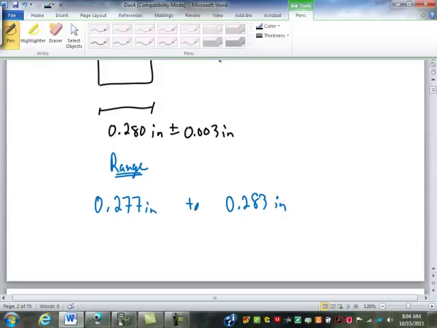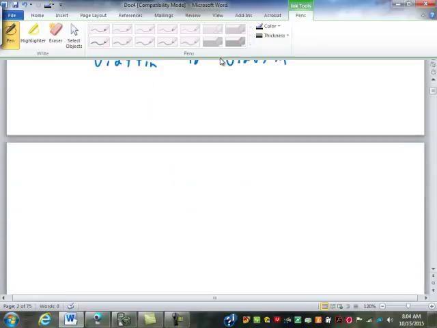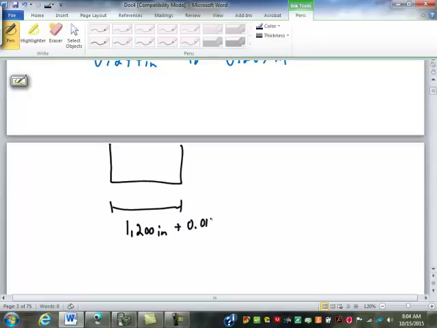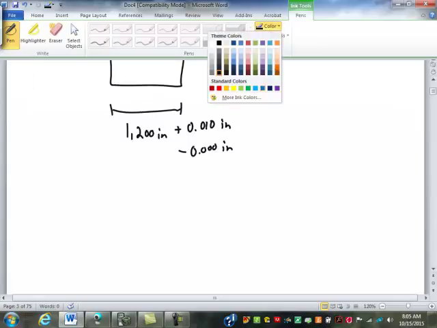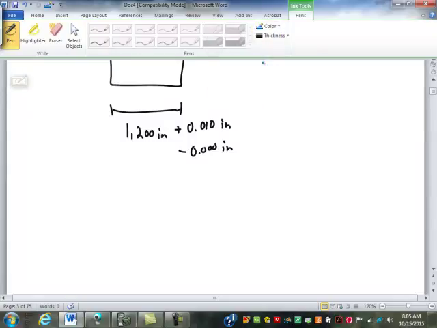What's that? Okay, so for this one, what's that implying? It can be a little bit bigger, but not any smaller.